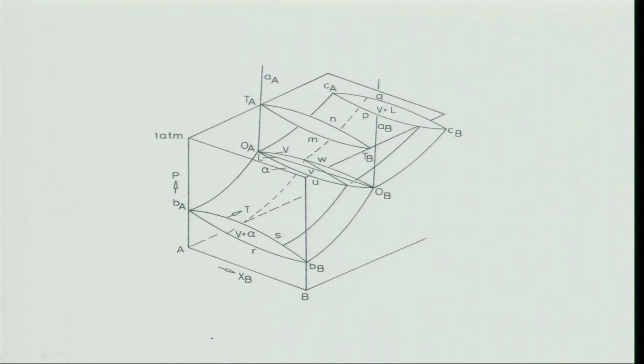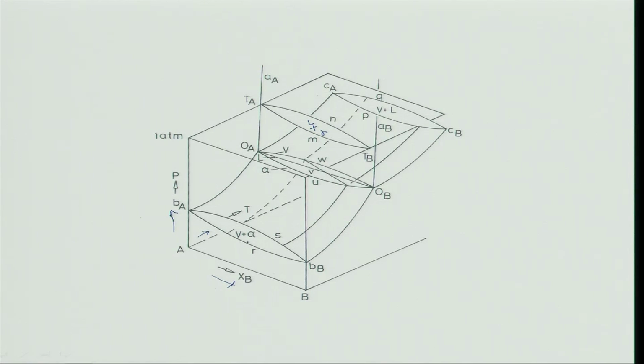So first let us discuss how we can plot the three different variables in a system. As I showed you, pressure varies along the z axis, composition along the x axis, temperature along the y axis, and this diagram shows different regions like vapor-solid equilibria, solid-liquid equilibria, and vapor-liquid equilibria.